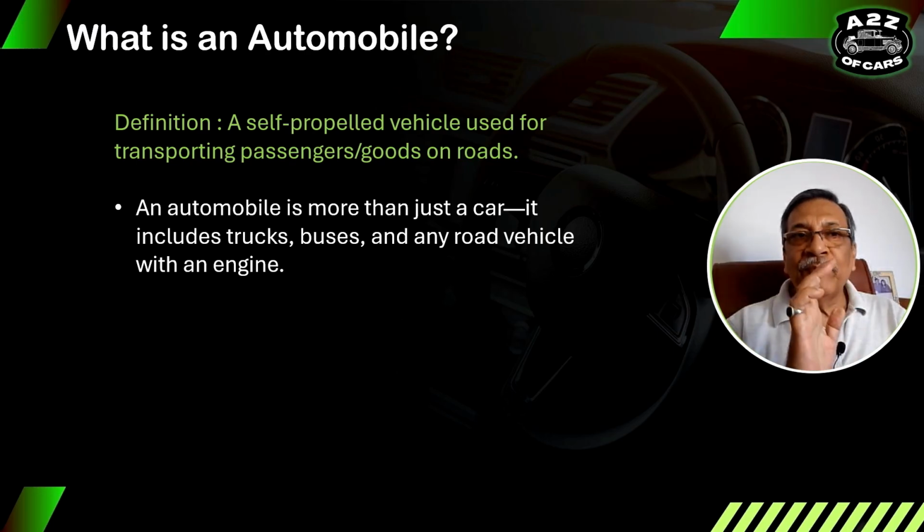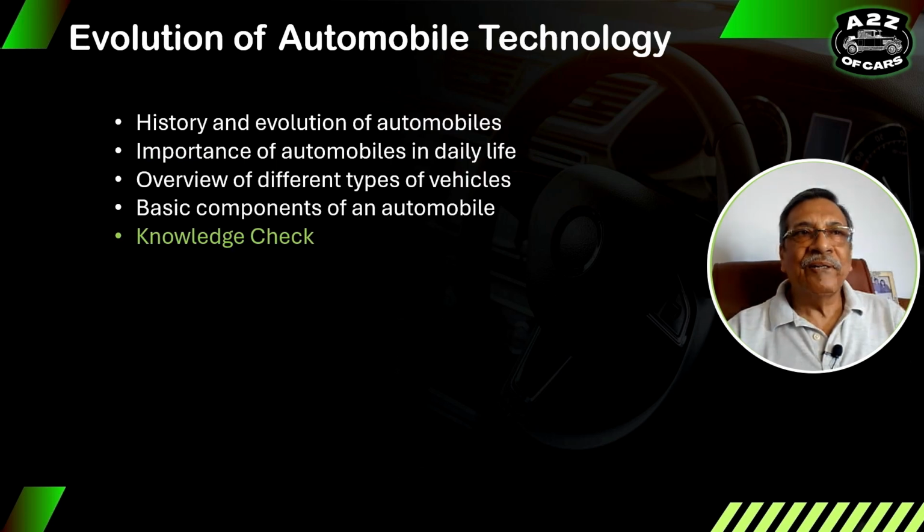So an automobile is more than just a car. We generally think cars are automobiles, but it's more than a car. It includes trucks, buses, and any road vehicle with an engine.